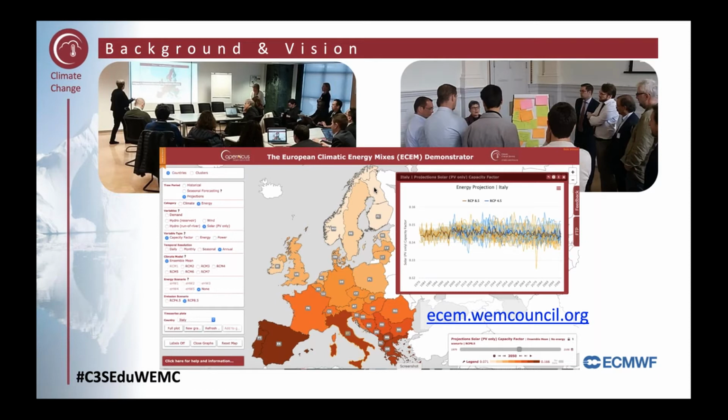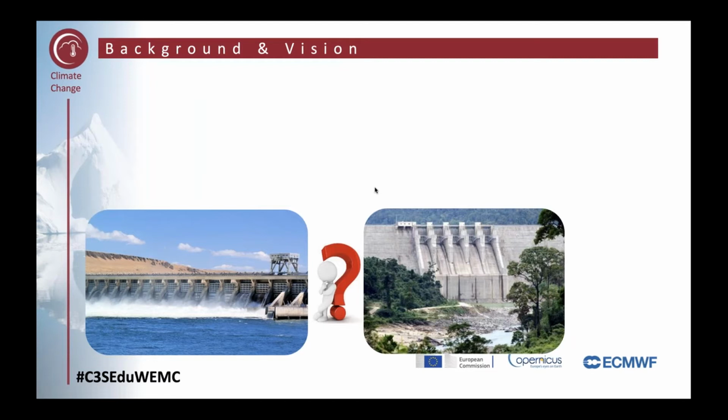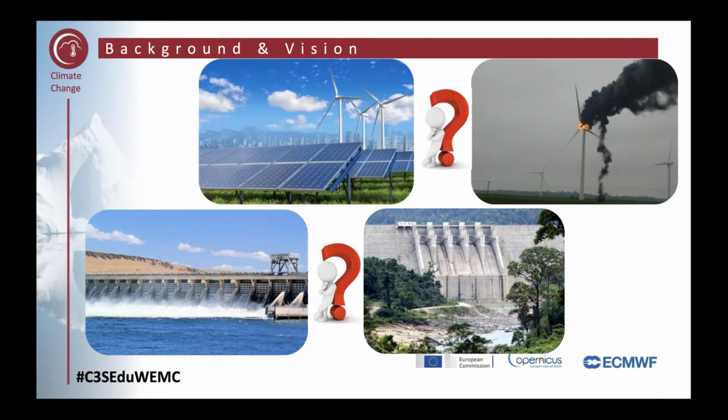So this is all well and good, and it allowed us to address questions like whether there's going to be enough water to fill a dam in 10, 20 years or so, as well as several other questions like, for example, will there be enough solar power or wind power, and will there be extreme events such that they might destroy actually our wind farms?